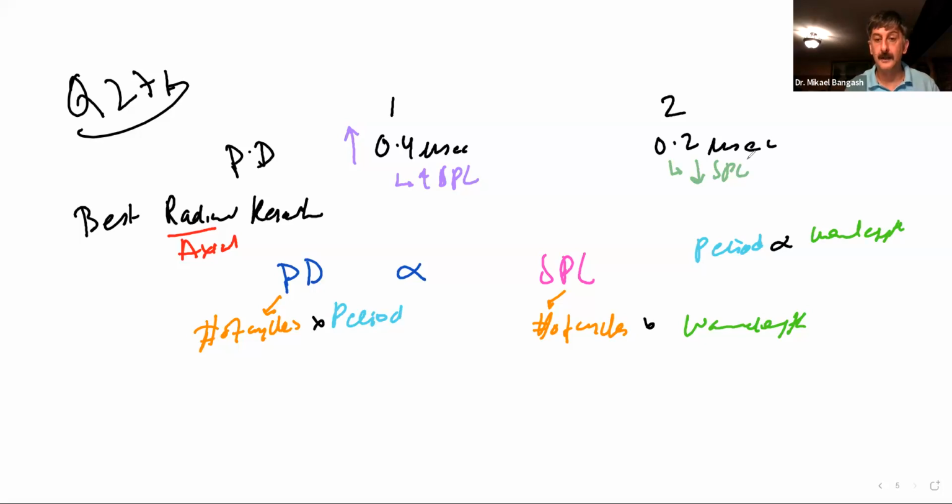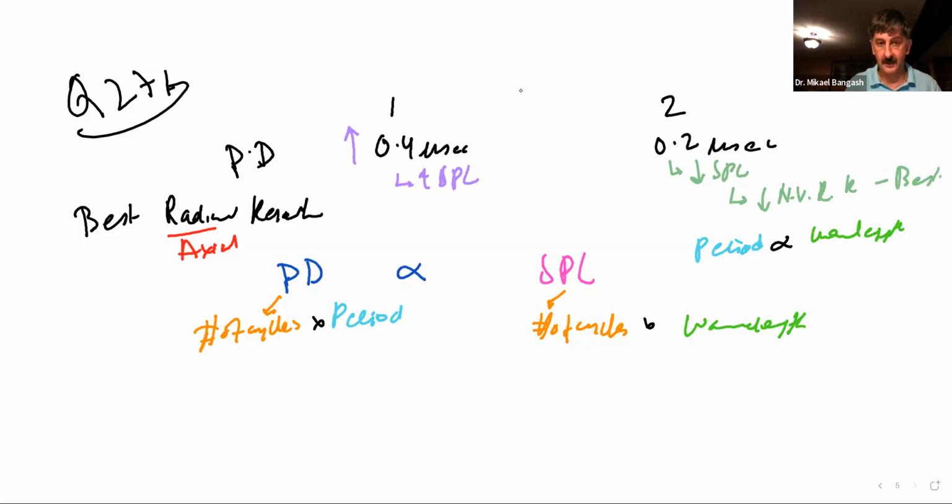So this system, with the lower spatial pulse length, will have a lower numerical value of radial resolution or axial resolution, and that lower numerical value gives it the best axial resolution.